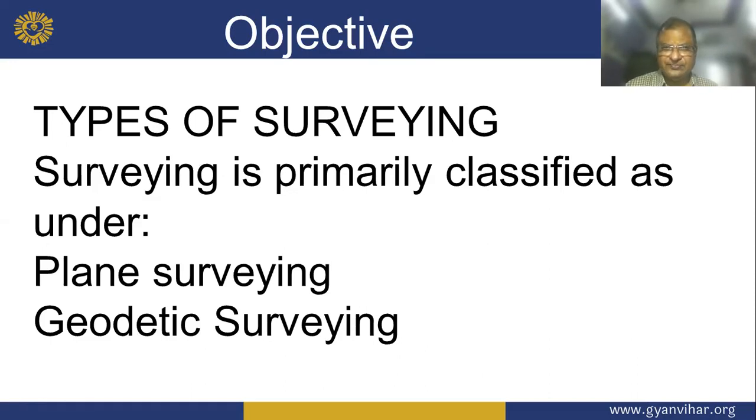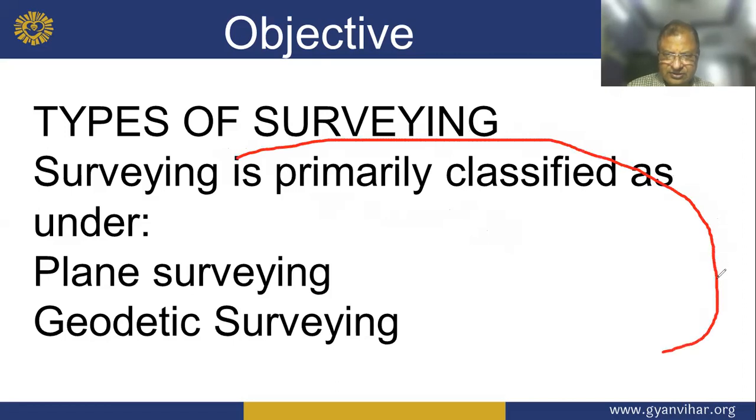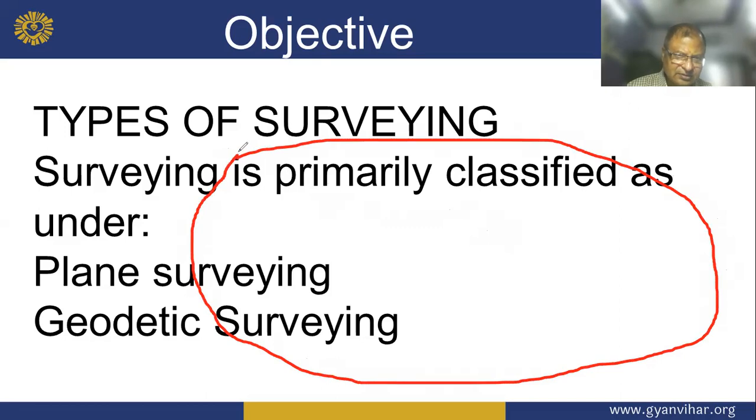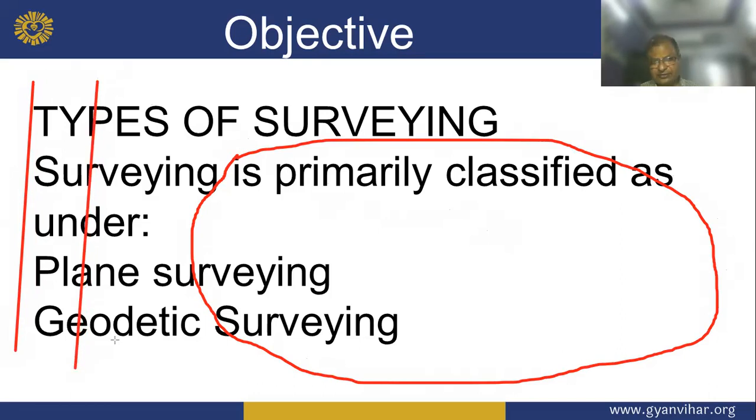Suppose, my dear boys, a person wants to make a factory on this area, and this is the national highway, correct? Here there is no route.